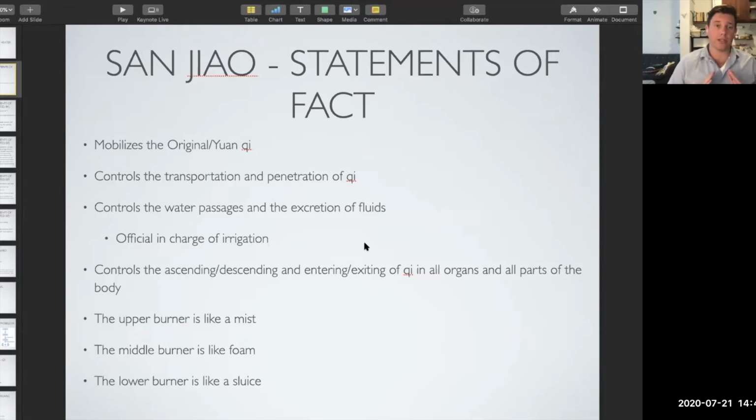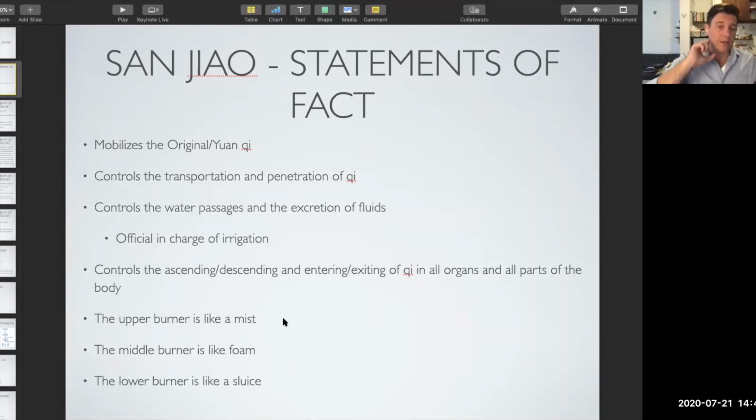When the yang energy instead goes outwards and the person sweats, that exiting is happening through the San Jiao. We're going to talk about the three burners in different ways as well. There's a bunch of different ways to talk about the San Jiao. So for now, just maybe get slightly overwhelmed by these statements of fact, and we'll clarify in a minute.